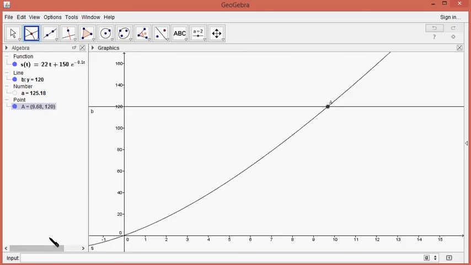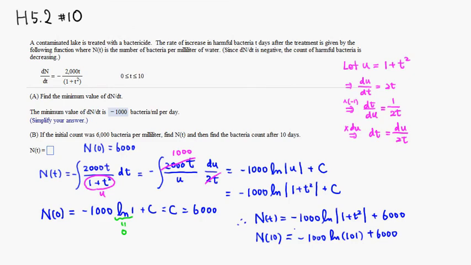Negative 1000 natural log of 101 plus 6000 is equal to 1385. So that's after 10 days.